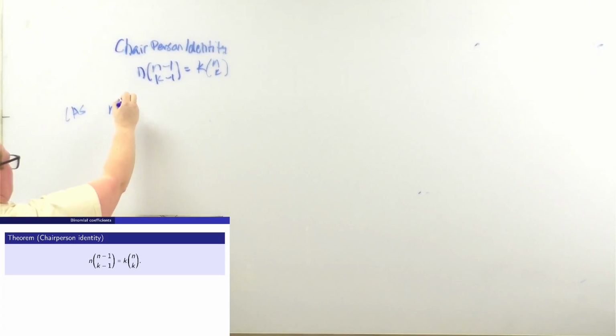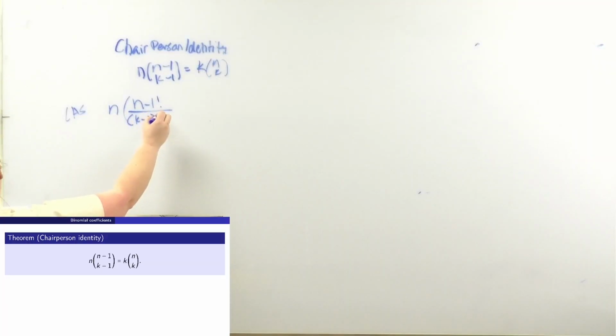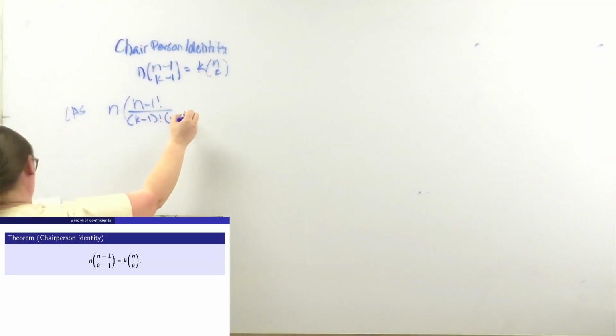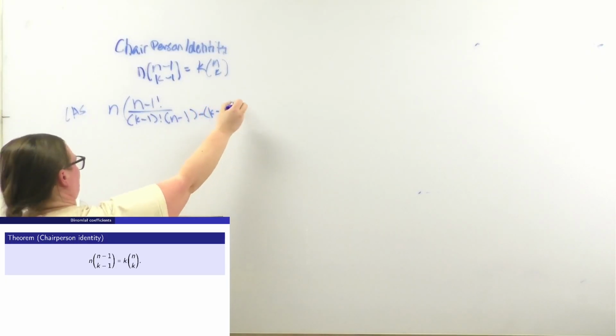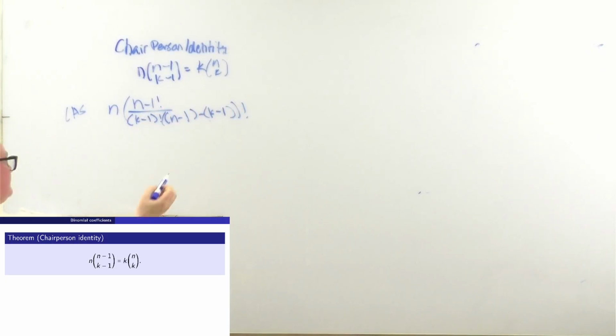Okay, so we have n times n minus 1 factorial over k minus 1 factorial, and then, oh, this is going to be brutal. And then we get this again.